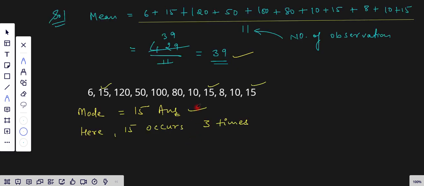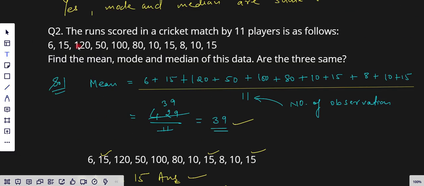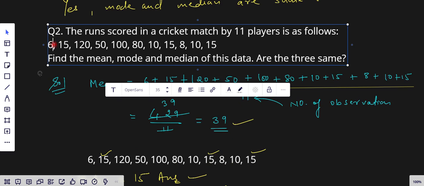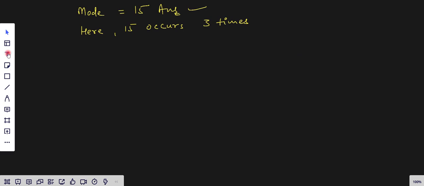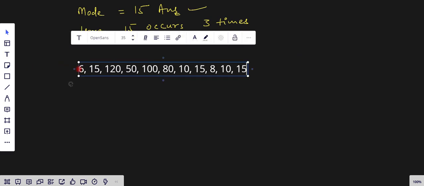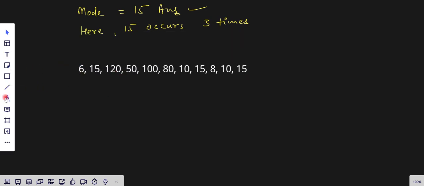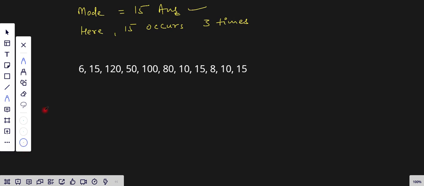Again I am taking the values. Now I'm going to calculate the median here. For median, first I'm arranging the data in ascending order.